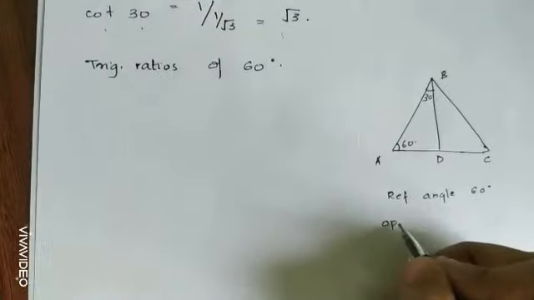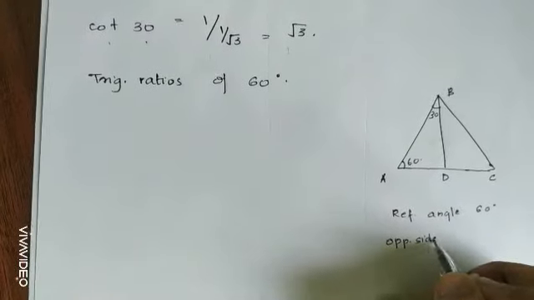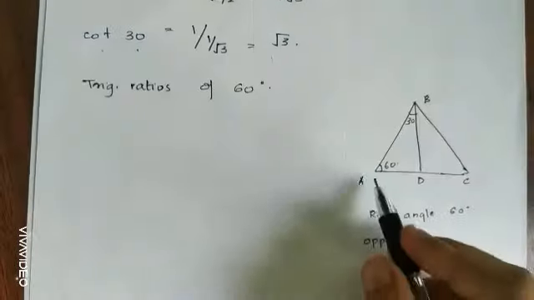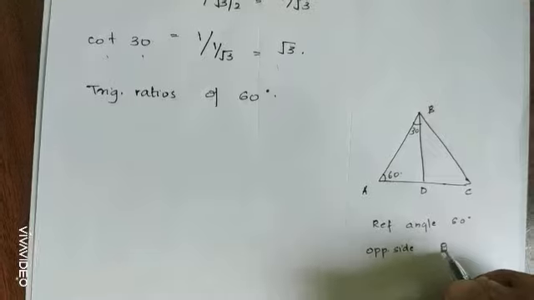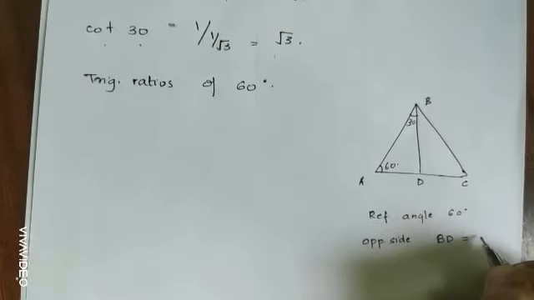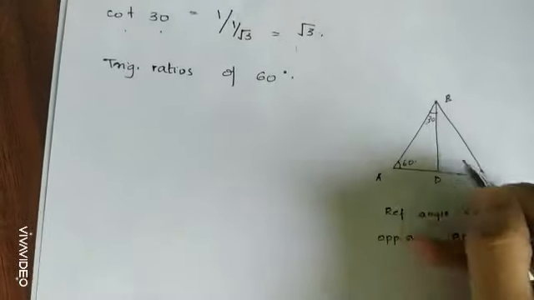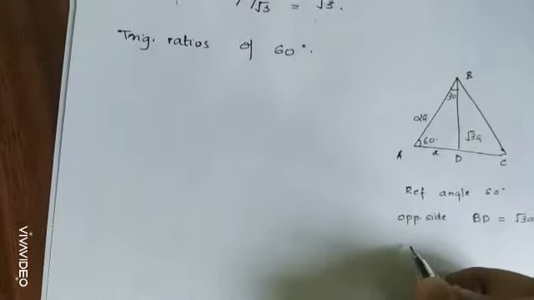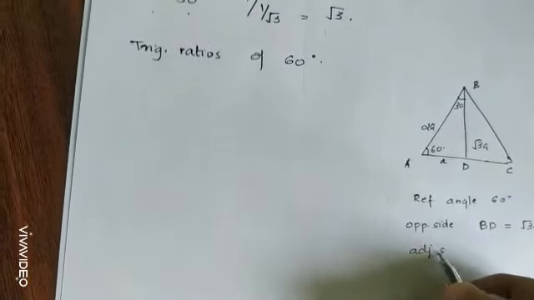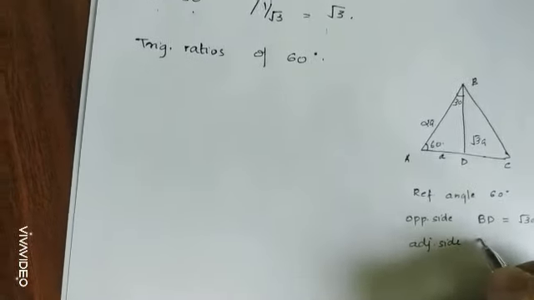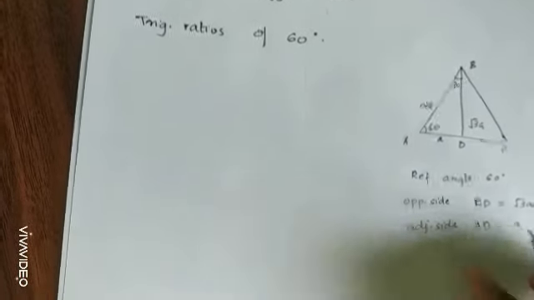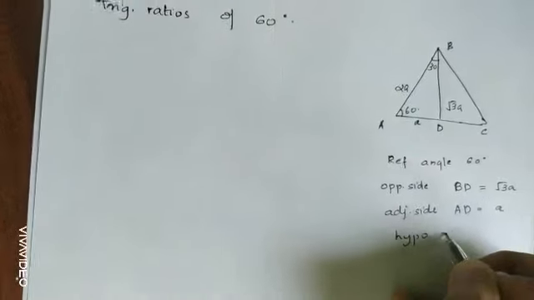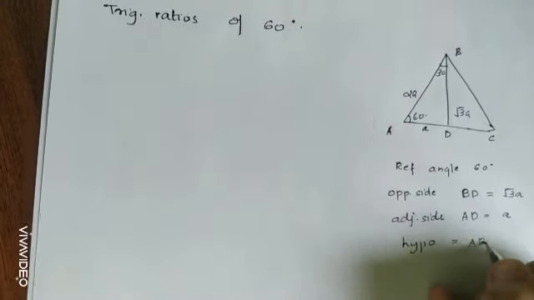Therefore, the opposite side with reference to the angle is BD, which is equal to root 3A. The adjacent side with respect to the angle is AD, which is equal to A. And the hypotenuse remains the same, that is AB is equal to 2A.